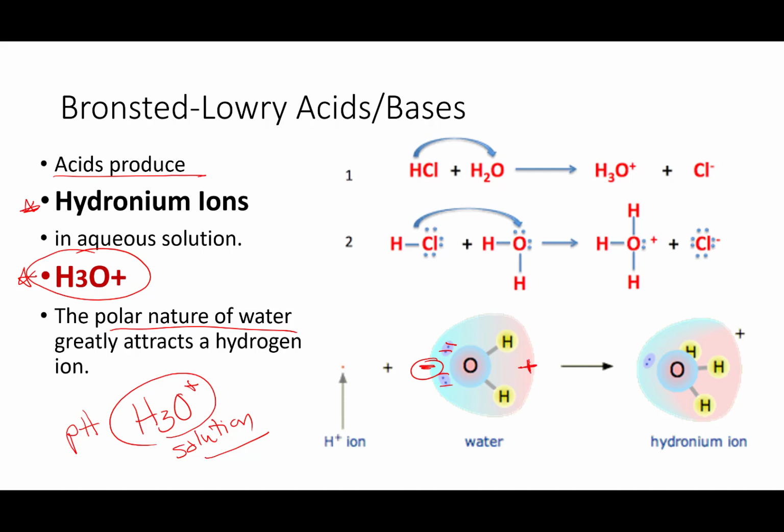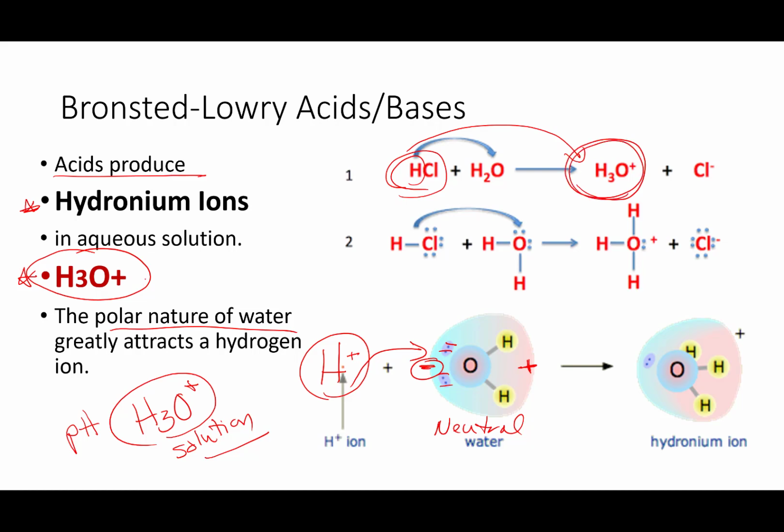And this polarity means that the water molecule, even though it is a neutral charge, still has the ability to electrically attract other things, including a stray little hydrogen, and it can pull this hydrogen away from things like a hydrogen chloride molecule. It can pull it away, attract it to another water, and make hydroniums.